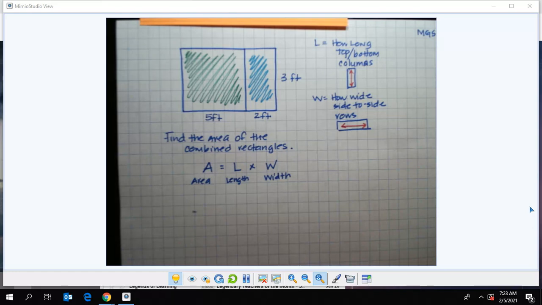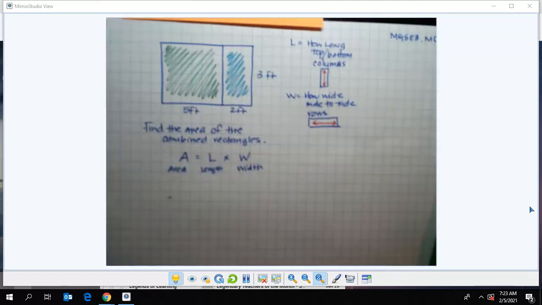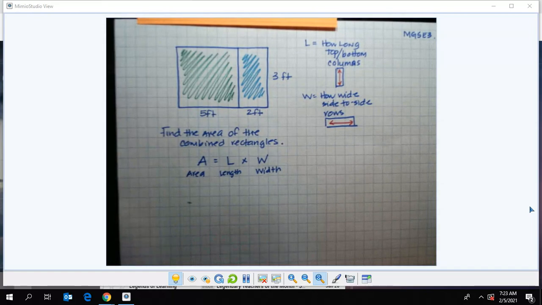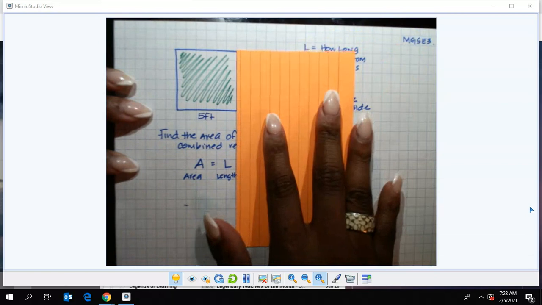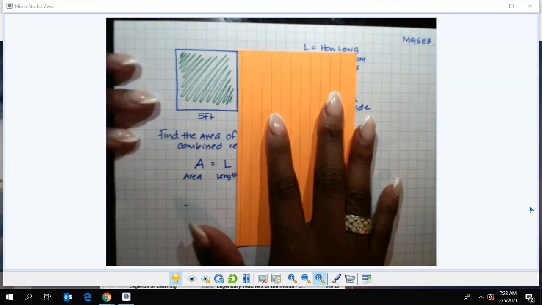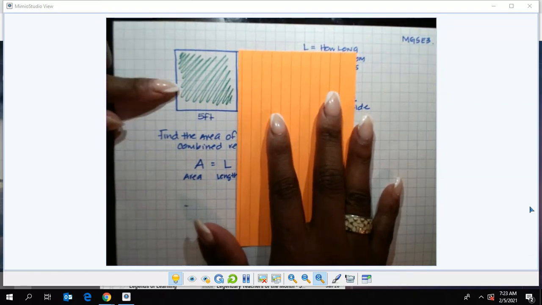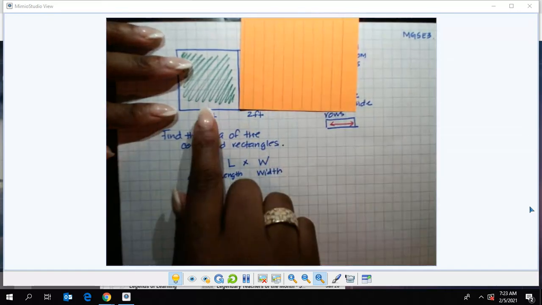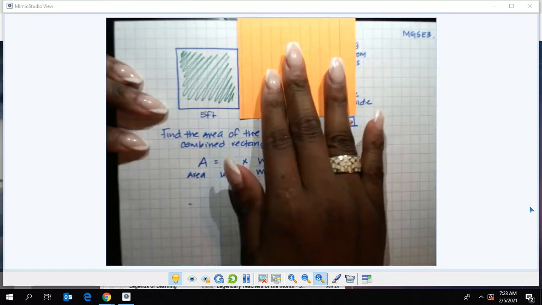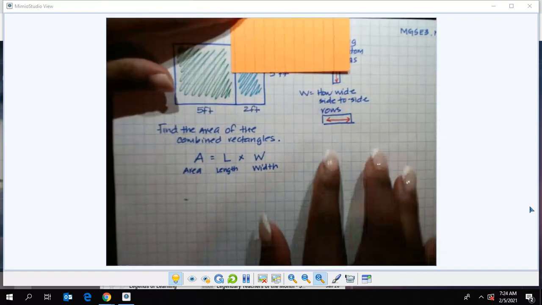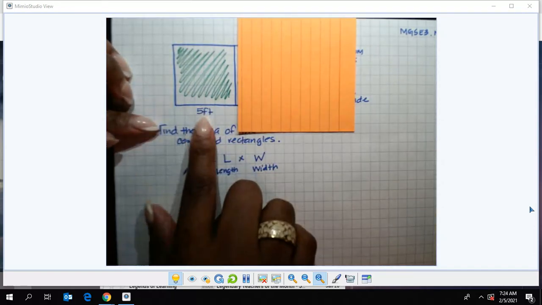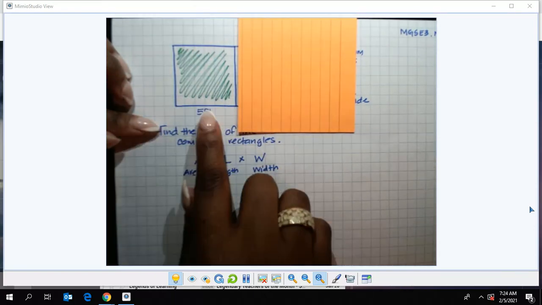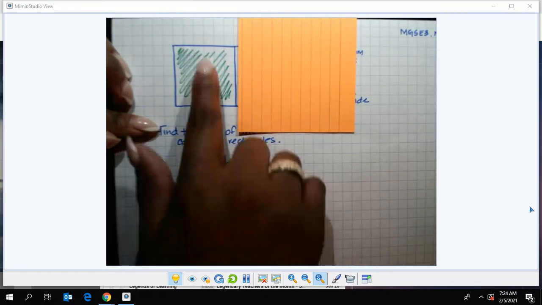So first things first, let's do one rectangle at a time. Okay, one rectangle at a time. And I'm using my index card to cover up the other one so that I don't get confused. So let's look at our green rectangle. Well, Miss McBride just said that area is length times width, but I only have one length, one column, top and bottom.